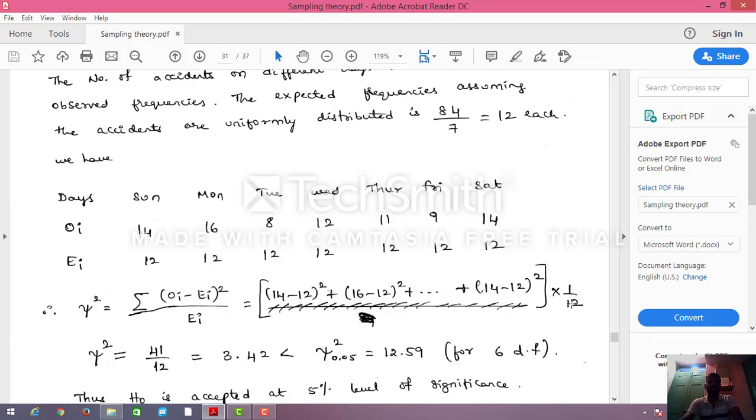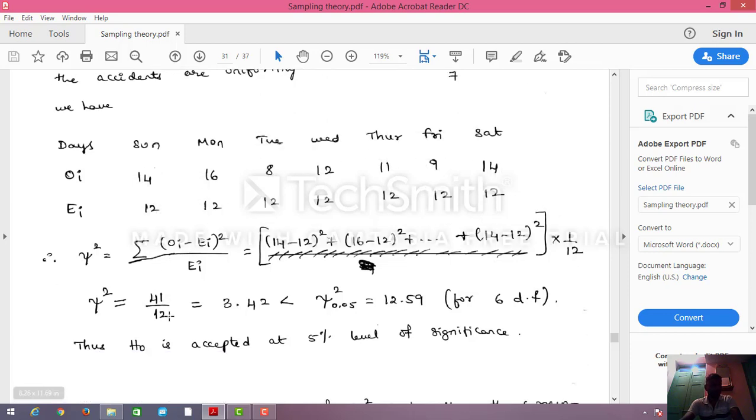This 1 by 12 is Ei, which is common for all, so we put it at the end. Simplifying, chi-square equals 41 divided by 12, which is 3.42. The chi-square value for this problem is 3.42.